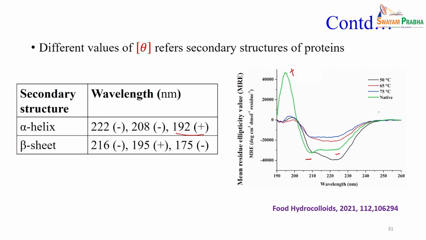Now, if we heat this albumin at 50, 65 and 75, it means there is a change in its secondary structure, and we can analyze whether there is formation of beta sheet or not. For beta sheet, the positive peak shifts to 195 and the negative peak shifts to 216. Here we can see the 208 peak is totally gone, and the 222 has shifted towards 216.